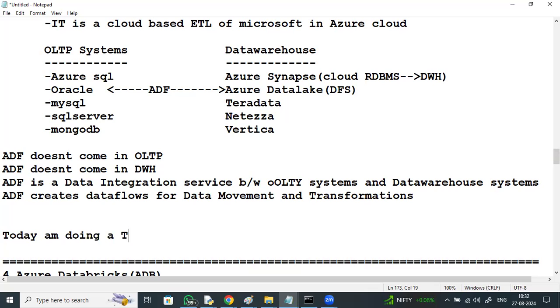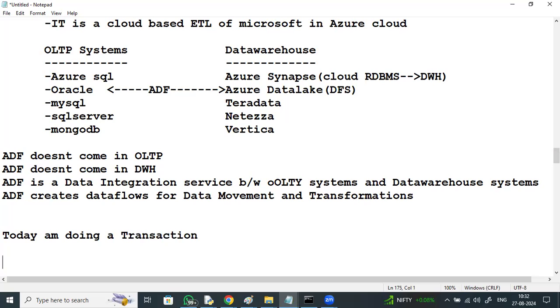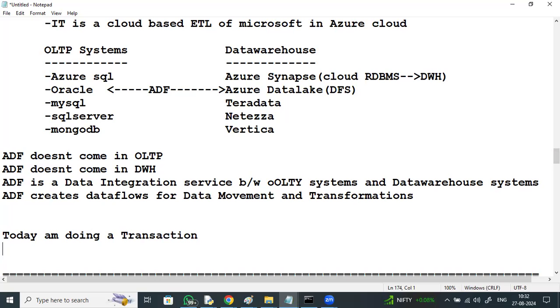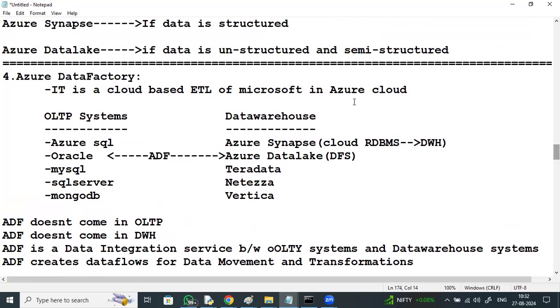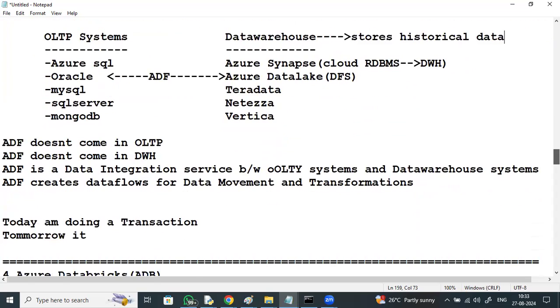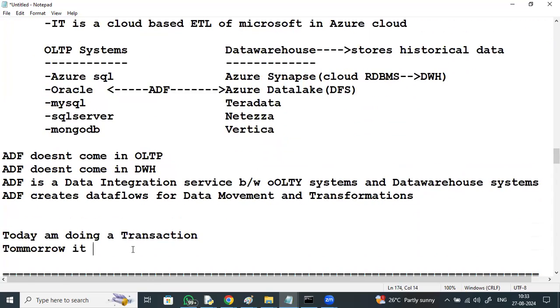Generally, what does a data warehouse mean? What does it store? Historical data. A data warehouse stores historical data. Today I'm doing a transaction, tomorrow it is history.